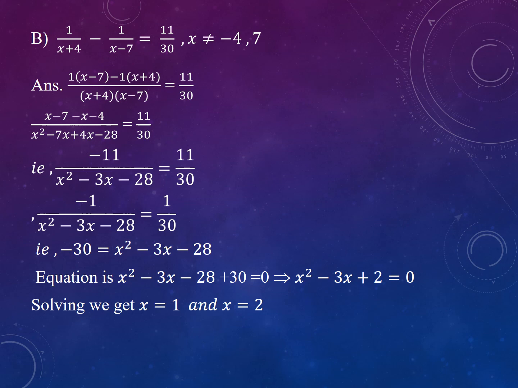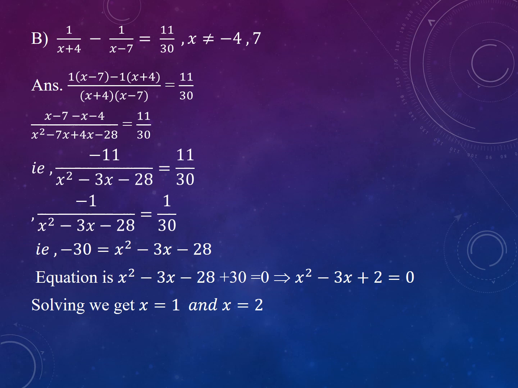Simplifying the numerator, x gets cancelled and it will be negative 7 minus 4, which is equal to negative 11. In the same way, in the denominator we can see like terms negative 7x and positive 4x, which equal negative 3x. So, we can write it as negative 11 by x square minus 3x minus 28 equal to 11 by 30.